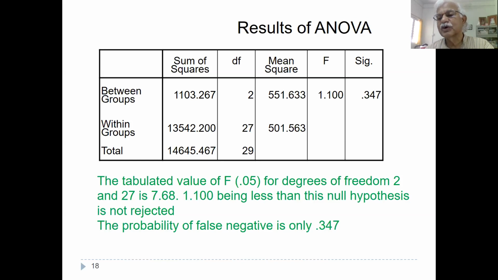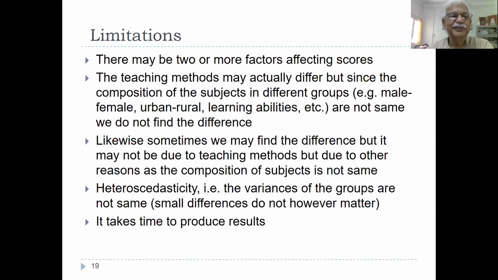In this case, if the value of sig is more than 0.05, then we accept the null hypothesis. If the value of sig was less than 0.05, suppose in place of 0.347 you have a value 0.0009, then you would reject the null hypothesis because that value is less than 0.05.